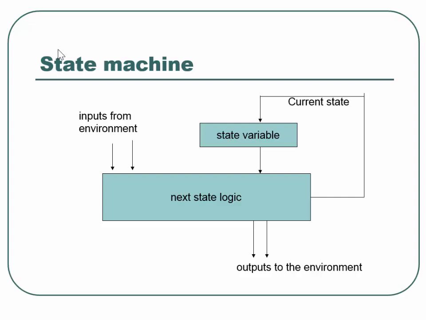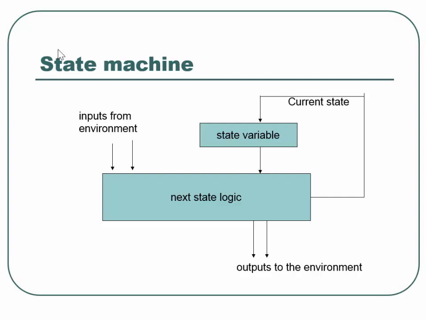Or if the start button is pressed, then we progress on to the next state, which is our fill cycle. We're going to start filling this thing up. Now, whatever state we're in, we have some outputs. Every state can only have one set of outputs, the way that I teach it.